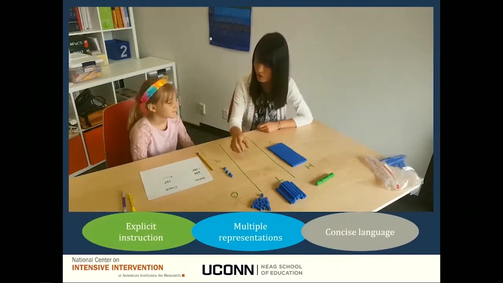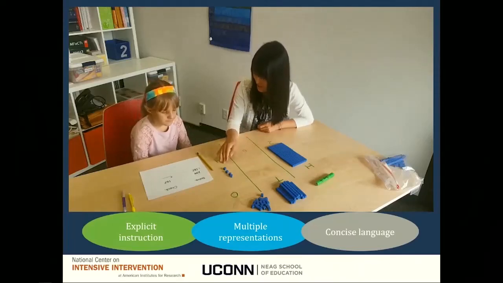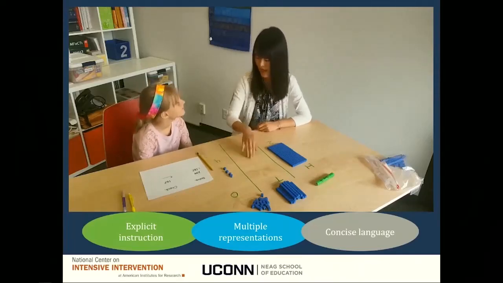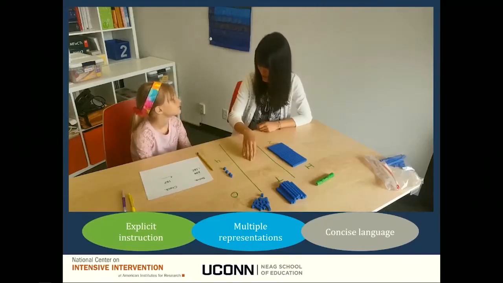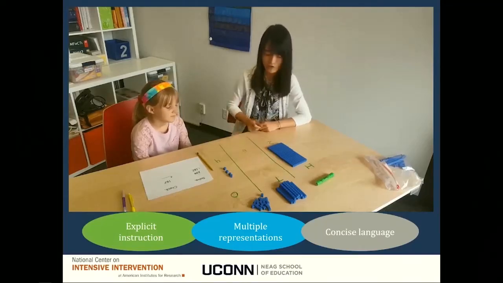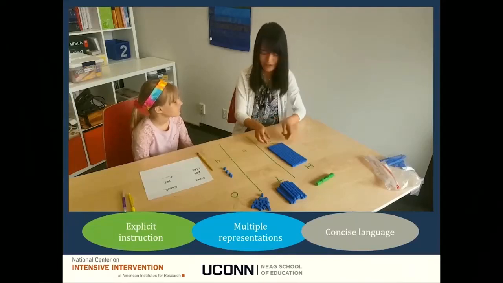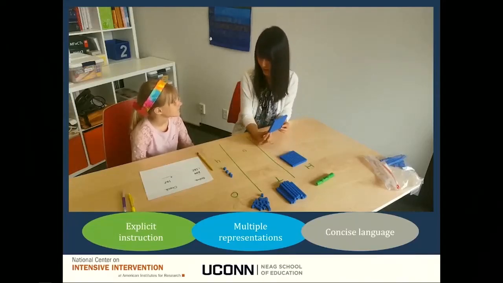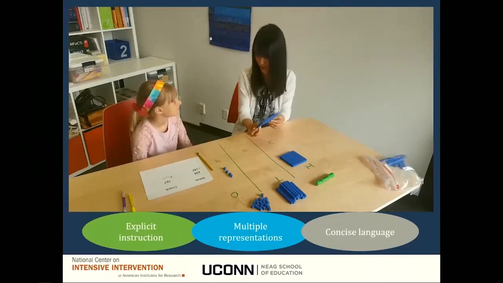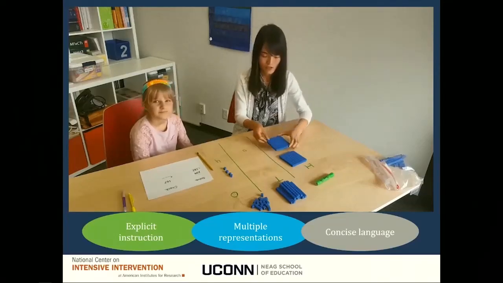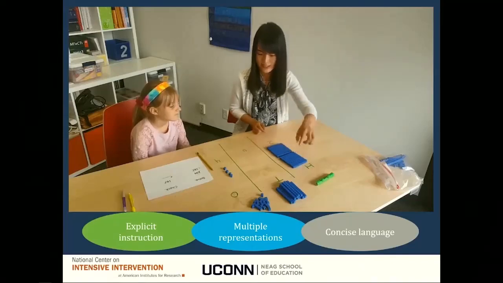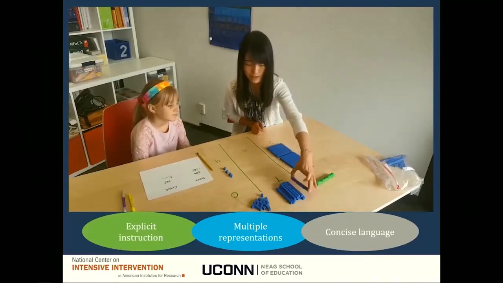Maybe we can exchange something for ones, right? But do we have any tens here to exchange? No. So maybe we have anything else to exchange? Do you think we can exchange the 100 into tens? Right. So let's count 10 rods here.